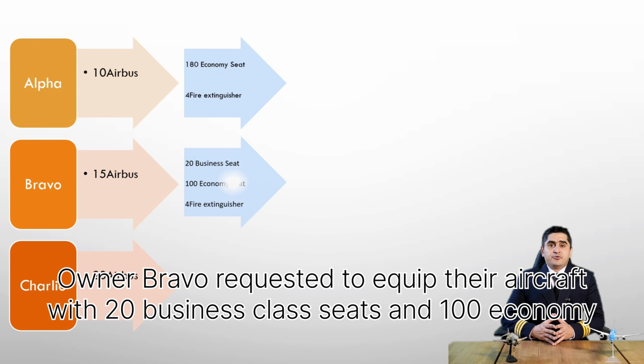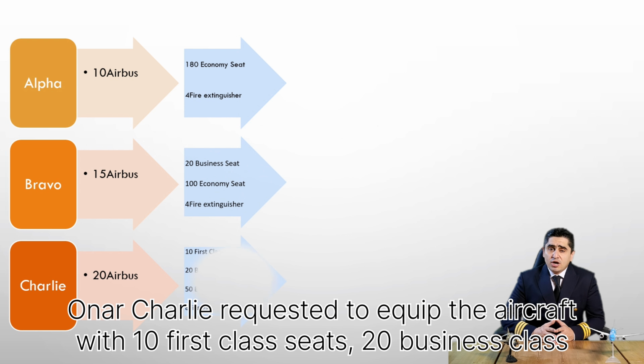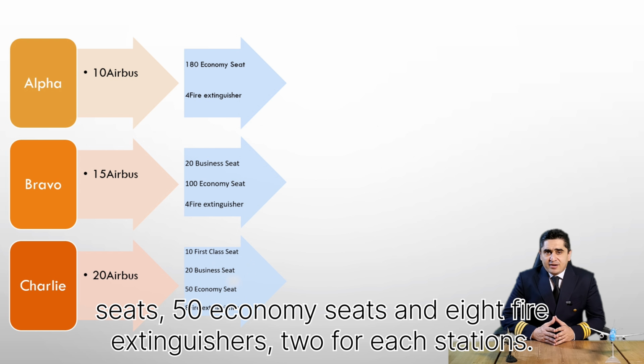Owner Bravo requested 20 business class seats and 100 economy class seats, along with 4 fire extinguishers for each station. Owner Charlie requested 10 first class seats, 20 business class seats, 50 economy seats and 8 fire extinguishers, 2 for each station.